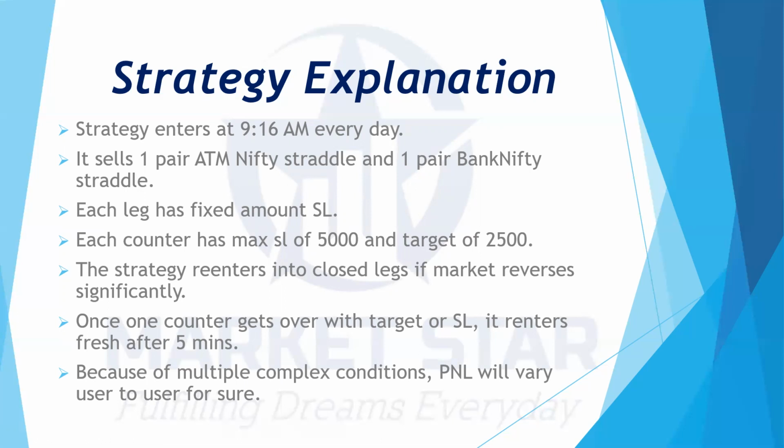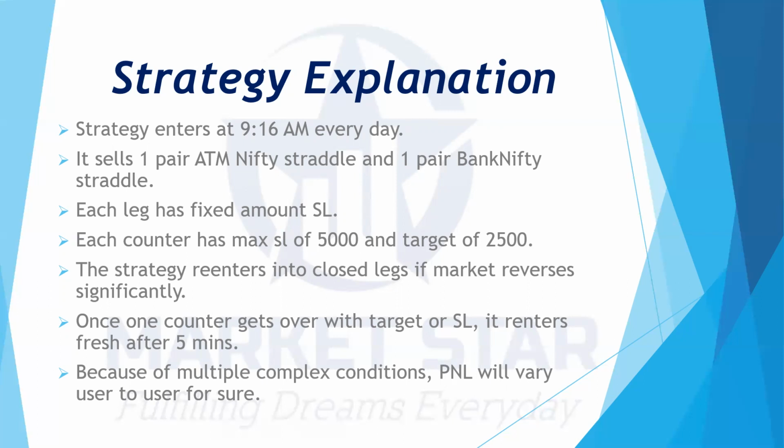So initially, whatever are the 4 legs, each leg has a specific amount of stop loss. Sometimes what happens, if any events are upcoming, say tomorrow or day after, it is near to the event.